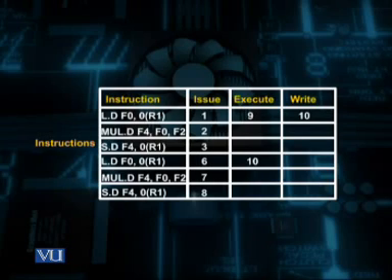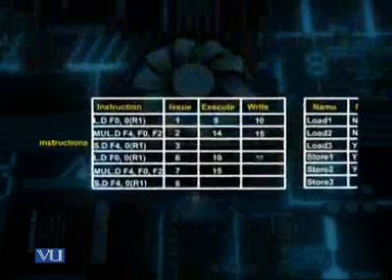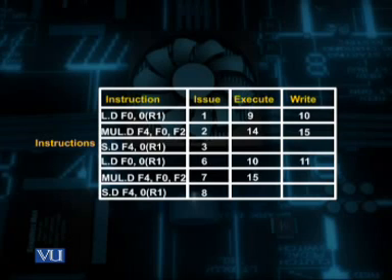Then continuing our discussion, we observed that in clock cycle 15, as you can see here, multiply 1 execution started in cycle 11. It completes in cycle 14 and writes the result in F4 in cycle 15.